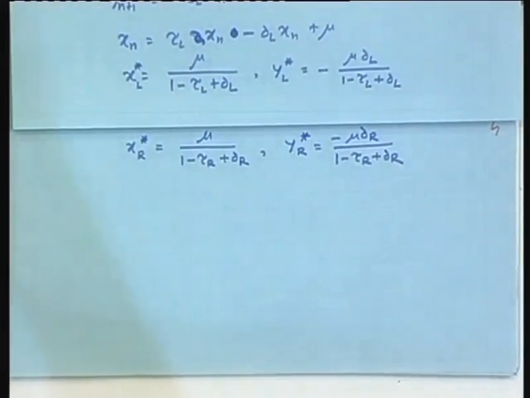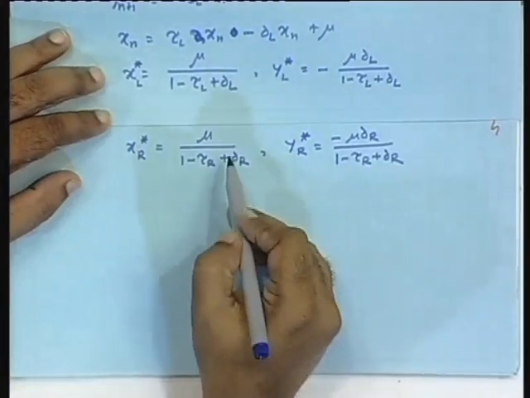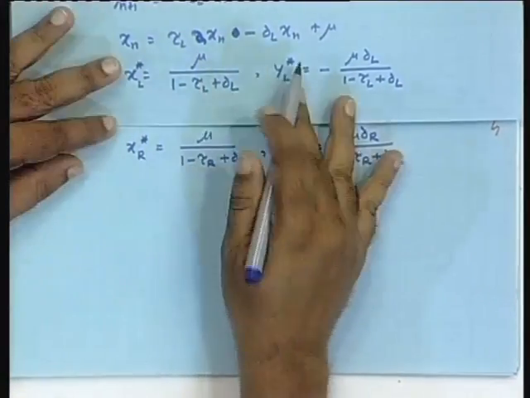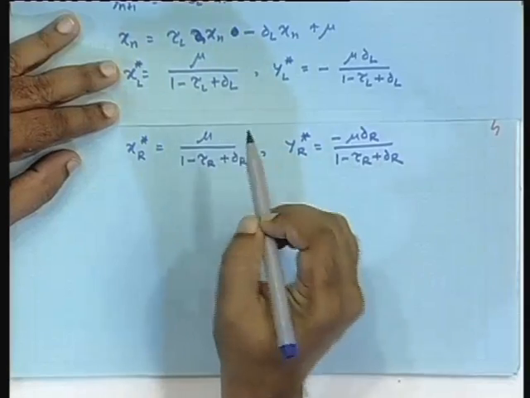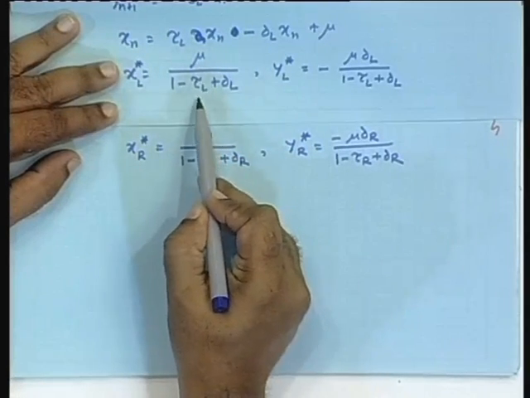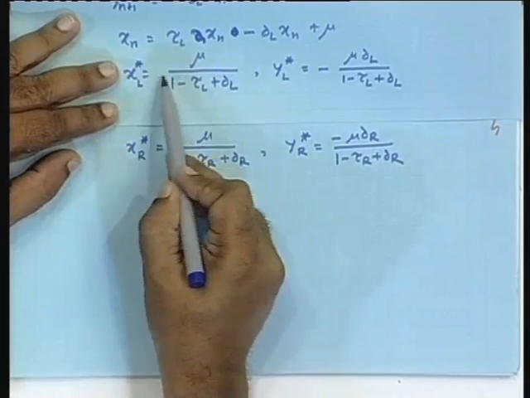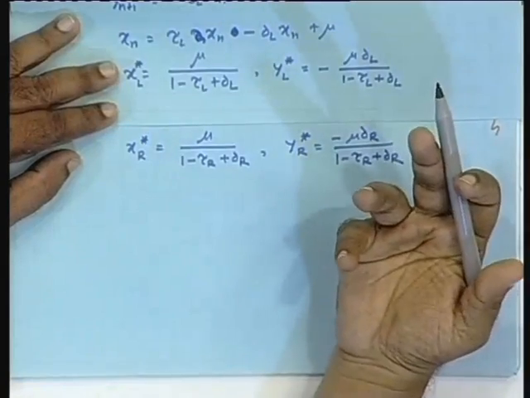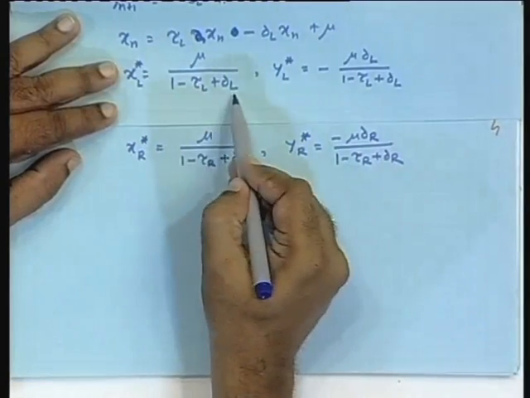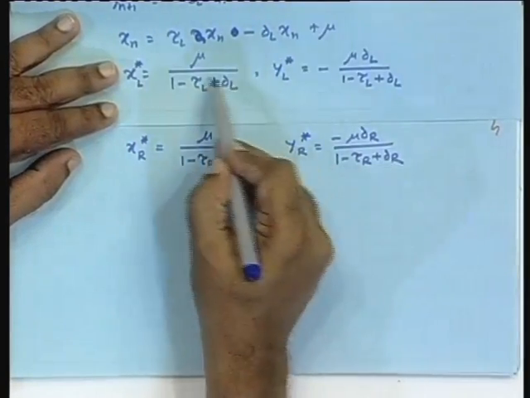Now, notice that this term and this term, they contain mu, they contain the trace and the determinant, and the trace and the determinant may have a positive value and a negative value, giving a positive or negative value to the denominator.